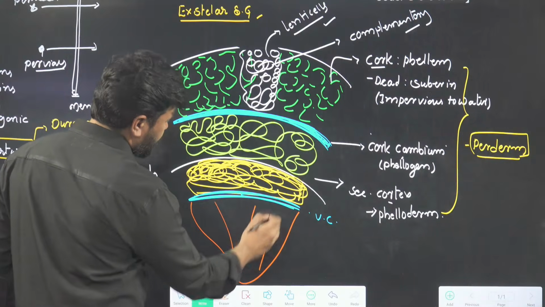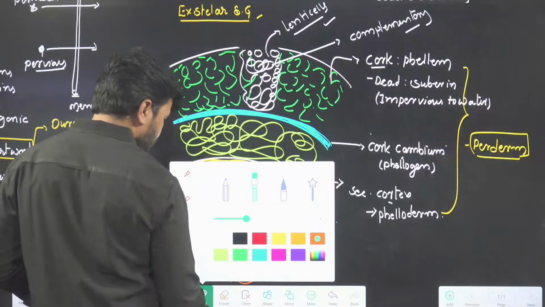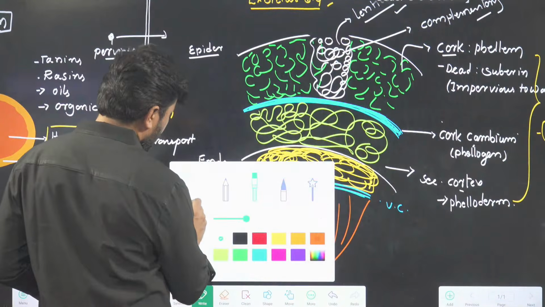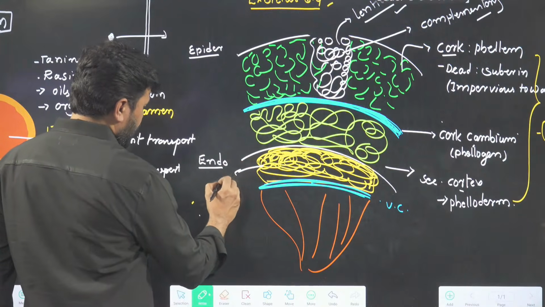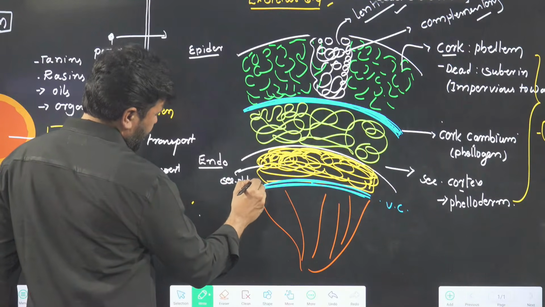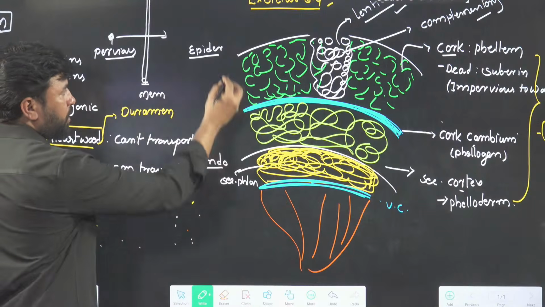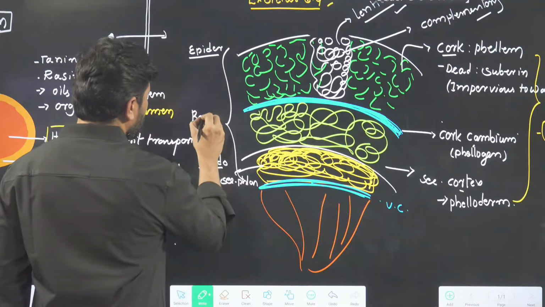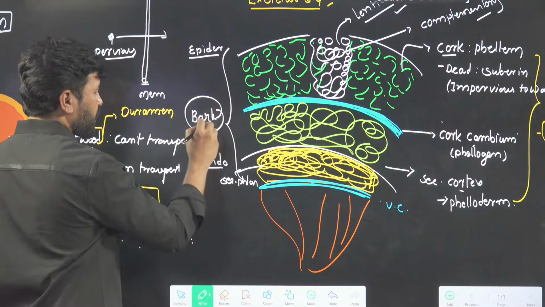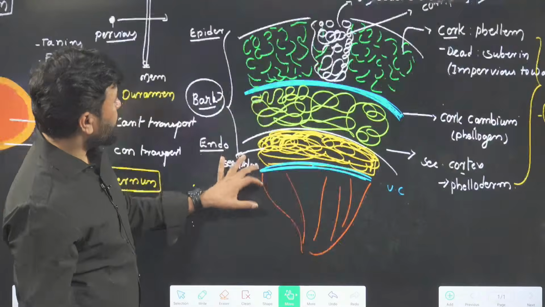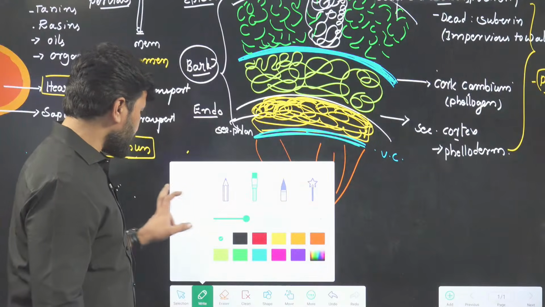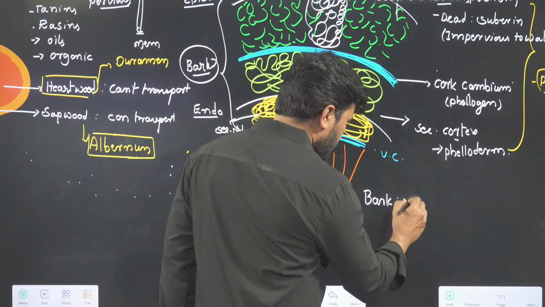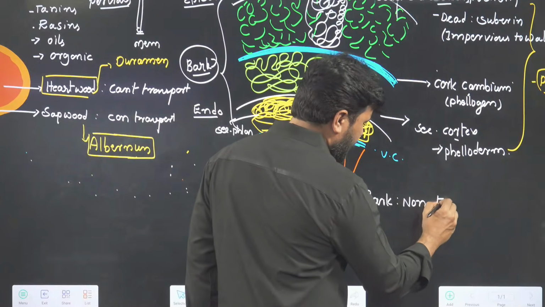The secondary phloem is over there. Now, from the secondary phloem onwards, all the tissues present exterior are collectively known as bark. What is it called? Bark. Then observe, what do you mean by bark? Bark is a non-technical name.